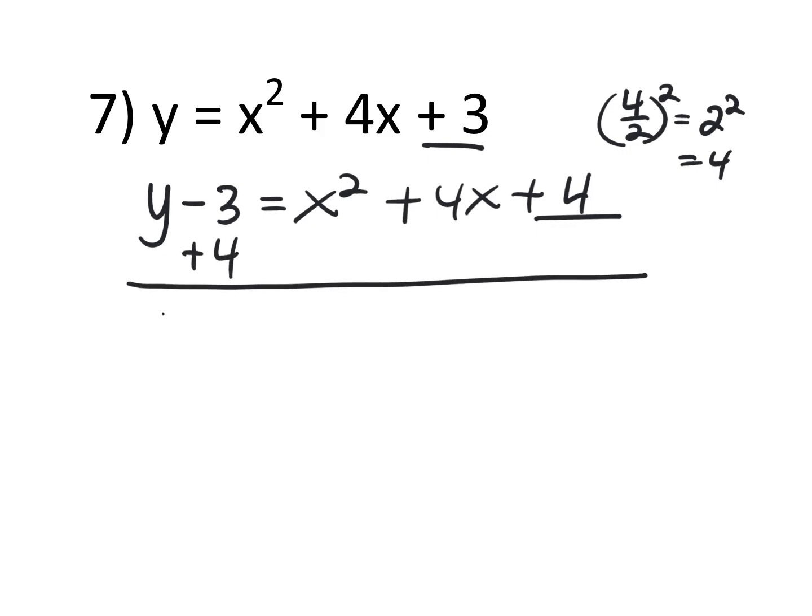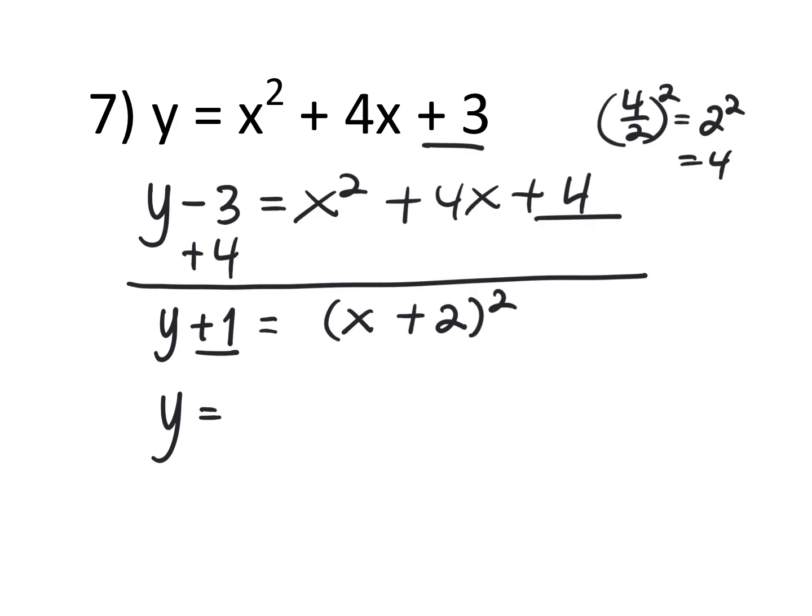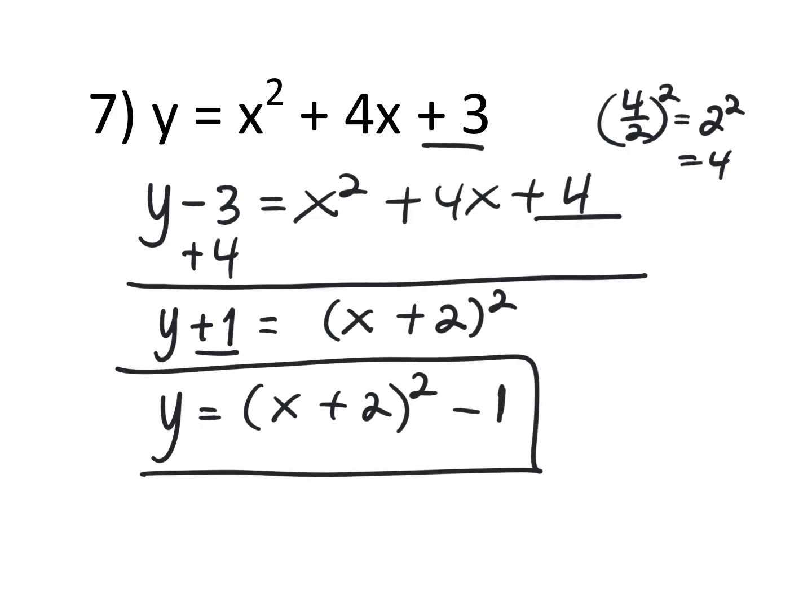So y minus 3 plus 4 is going to give you y plus 1. Here, we're going to factor this out already: x plus 2. Finally, we're going to transpose this on the other side. That's going to give you x plus 2 squared minus 1. So it's as easy as that.